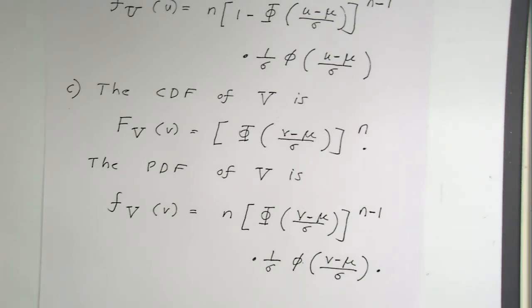Then the variance of x is the same as the variance of x1 plus the variance of x2, because they are independent. That's how you work with variance.